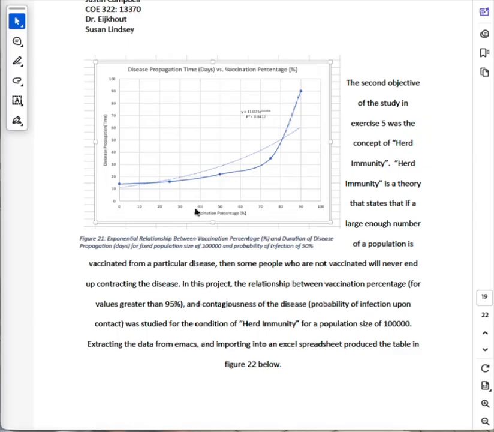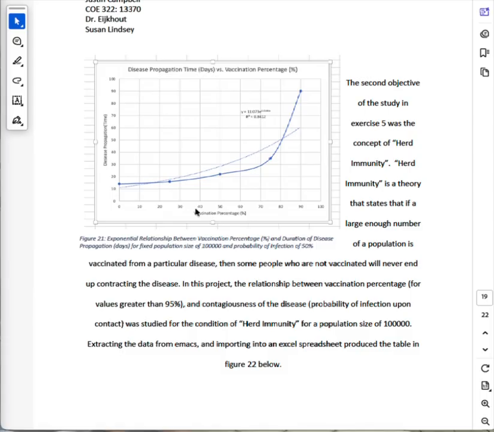Transitioning to major findings from the study, as we can see from the graph, for a fixed population size of 100,000 and infection probability 50%, the duration of the disease propagation, or the amount of time it takes for the disease to infect all healthy and non-vaccinated members of the population, varies exponentially with vaccination percentage. An R-square value of 0.84 modestly reinforces this relationship.